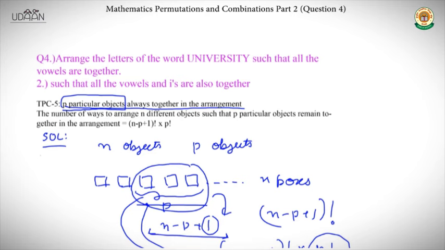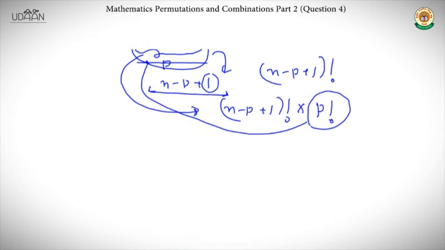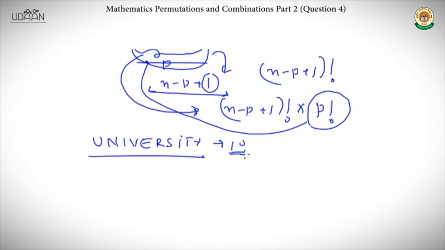In the question we have to arrange the letters of the word university. The word university has 10 alphabets. So let's write them like this: U I I E, and the rest of the consonants are written separately.